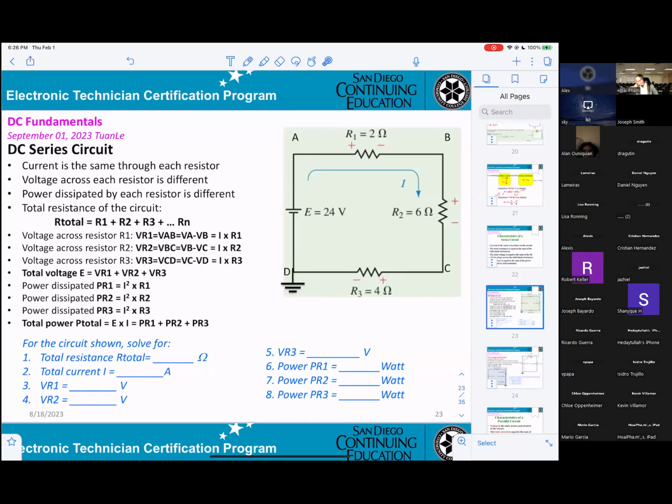In a series circuit, the current flowing through the first one, second one, and the last one has to be the same current. That means you have only one current. That circuit will be series.